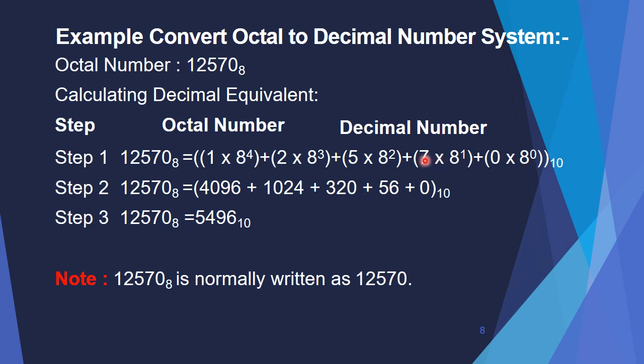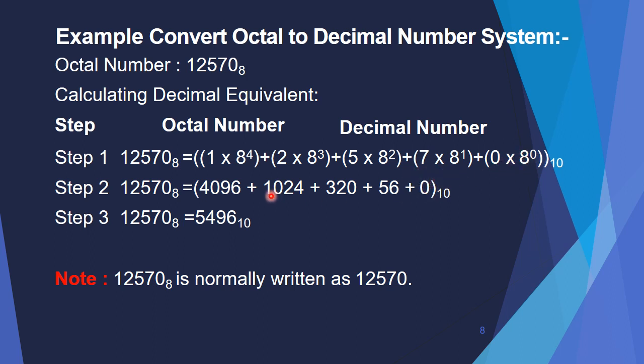And then similarly 7 into 8 to the power of 1: 8 to the power 1 is 8 multiplied 1 time, and then into 7. 8 into 7 is 56. So I have kept over here 56. And then 0 multiplied by anything is 0 only.